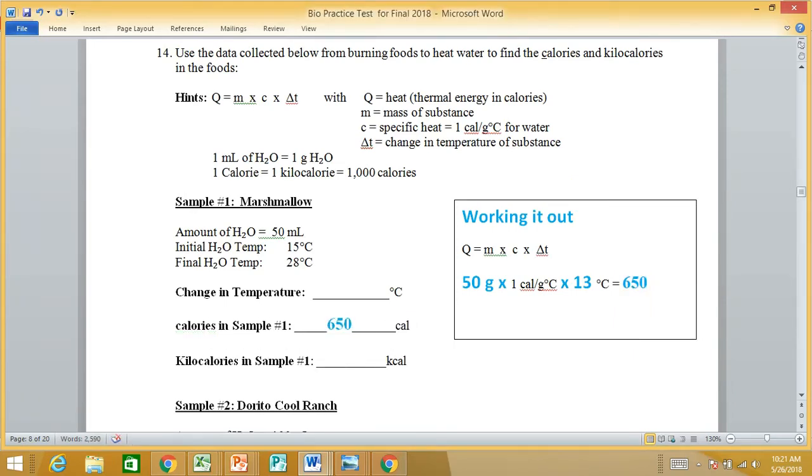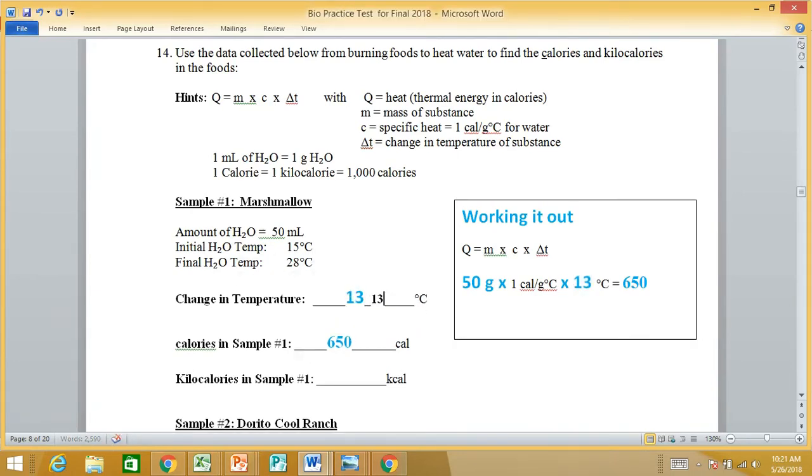And then this is our change in temperature, 13, right? So that was here. Put it over here. Okay. But that can't be right, because here we have 650 calories, and it's only 1 marshmallow. My word, that's a lot of calories.